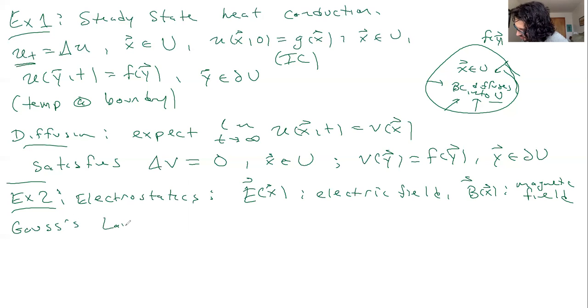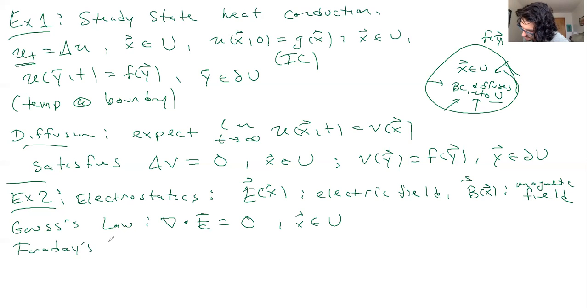Gauss's law says that the divergence of E is equal to 0, for this electric field.